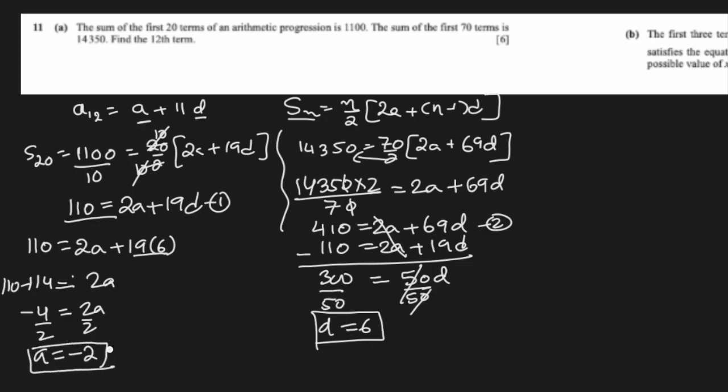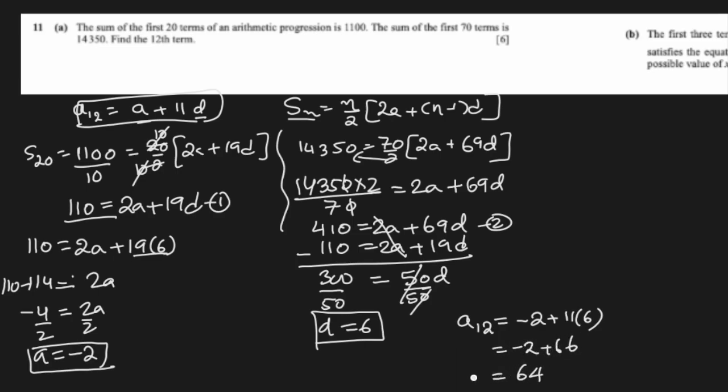We got A and D both. Question was to find 12th term, and now we can find 12th term by using this one. A12 equal to A, minus 2, plus 11 times this, which is minus 2 plus 66. 64 is A12.